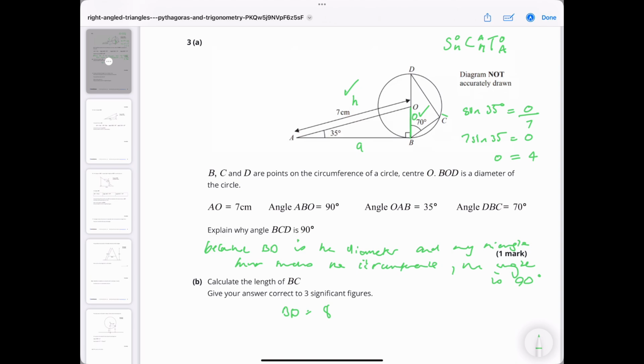Now if we redraw that, that's our hypotenuse, that is our 70-degree angle, that's 8. We don't need to know what that is, but we do need to know what BC is. So that would be adjacent, this is hypotenuse, and that's opposite. And we're using cos for this.